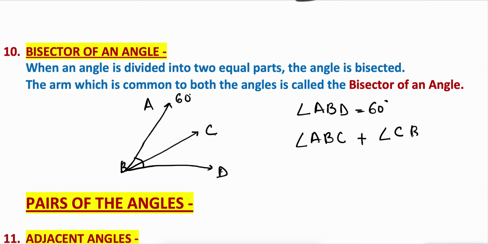If angle ABC is equal to 30 degrees and angle CBD is 30 degrees, then the angle is bisected.